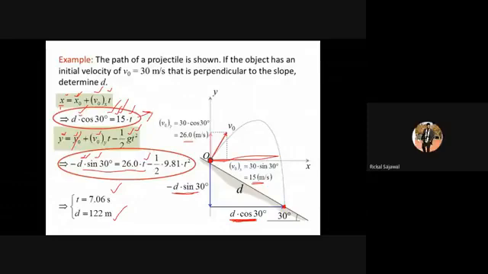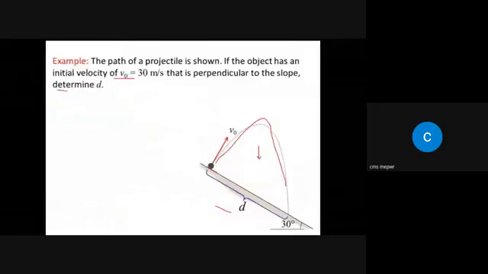Yes, sir. Okay, sometimes what we can do is use an alternate coordinate system. Instead of using the xy coordinates like this, I can put the y coordinate like this and x like this. So this will make things simpler.